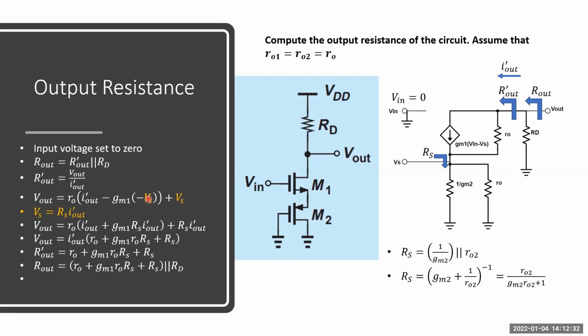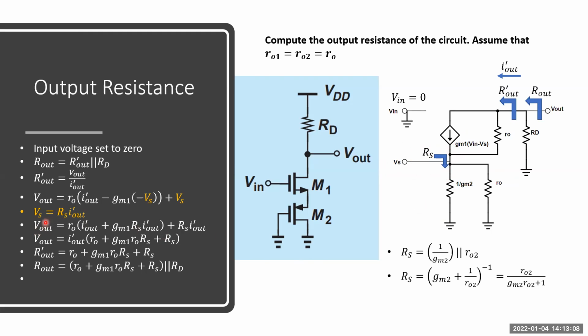Here we are going to plug into the V out equation. What is the voltage potential difference across the RO? It equals RO multiplied by (I prime out minus GM1 times minus Vs), plus Vs. What is the Vs? Vs is actually Rs multiplied by I prime out, because of the total current passing through this equivalent resistor, so Vs equals Rs times I prime out.